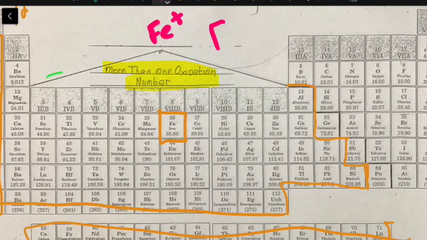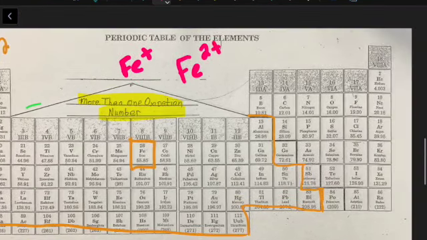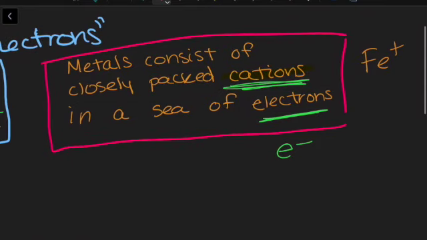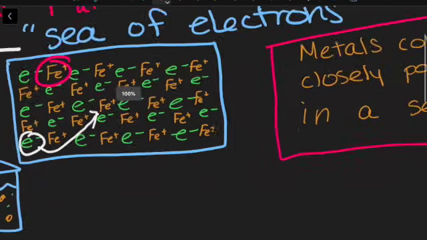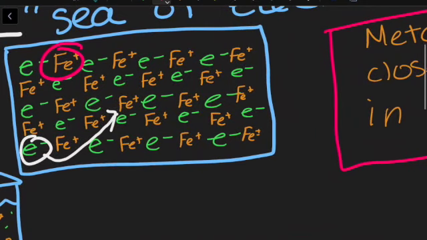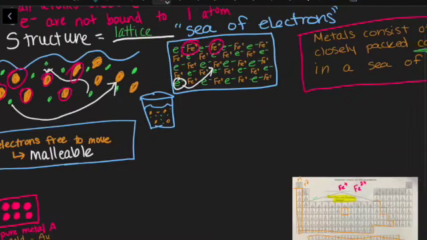It could be Fe2+, or 3+, and so on, but in this example we used a cation, which just means a positive, and that was iron plus.